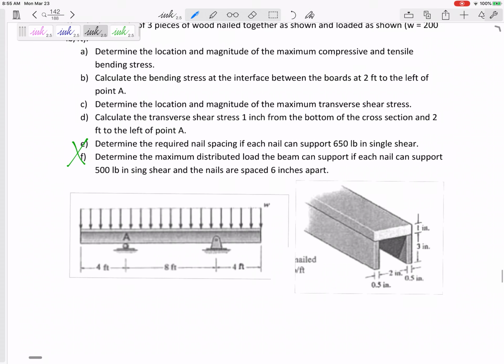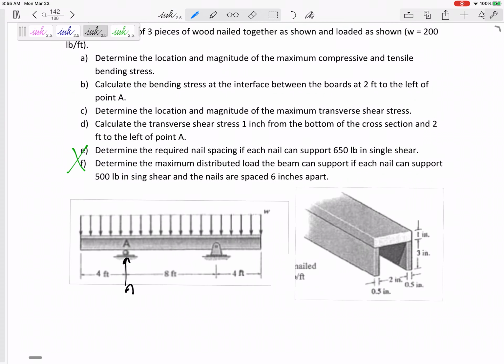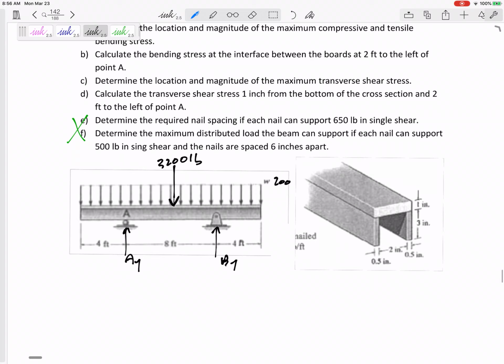So if that's 200 pounds per foot across 16 feet, from statics I could replace this distributed load with 3,200 pounds. If I sum the moments about A and sum the forces in Y, but really because it's symmetric, I would get AY is 1,600, BY is 1,600 pounds.